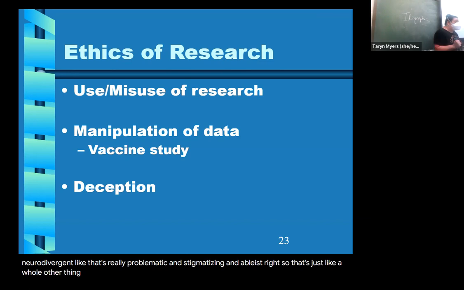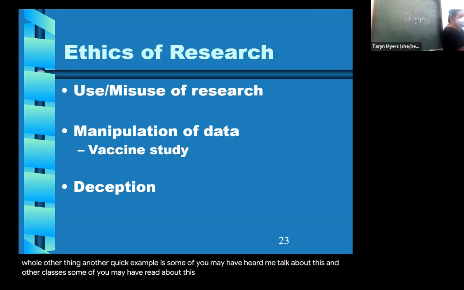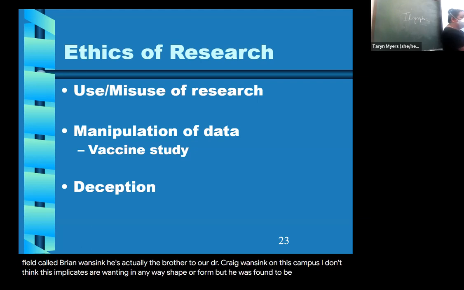Another quick example, some of you may have heard me talk about this in other classes, some of you may have read about this. There is a psychologist within my own field called Brian Wansink. He's actually the brother to our Dr. Craig Wansink on this campus. I don't think this implicates our Wansink in any way, shape, or form. But he was found to be fabricating a bunch of his data as well.